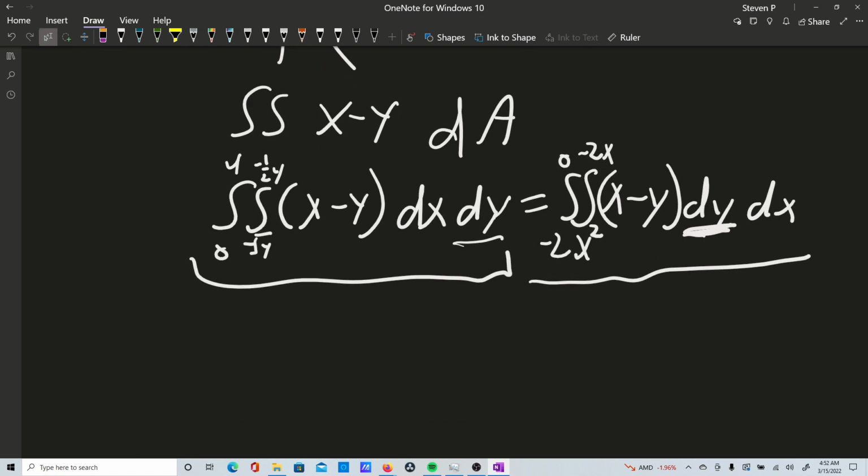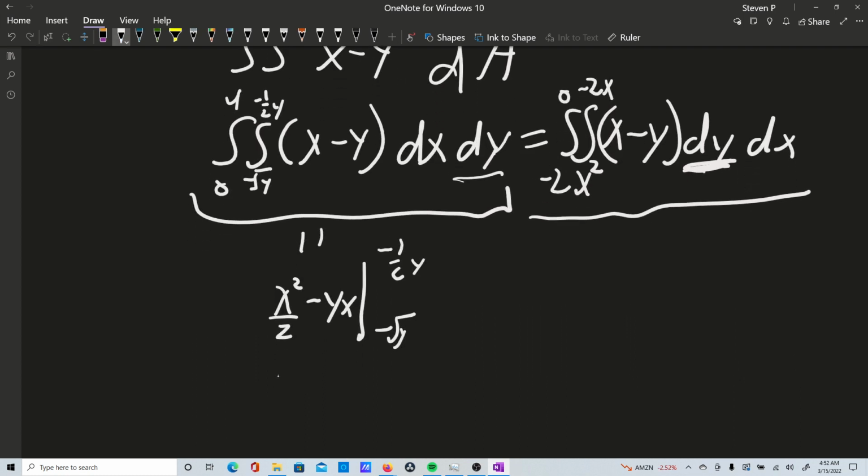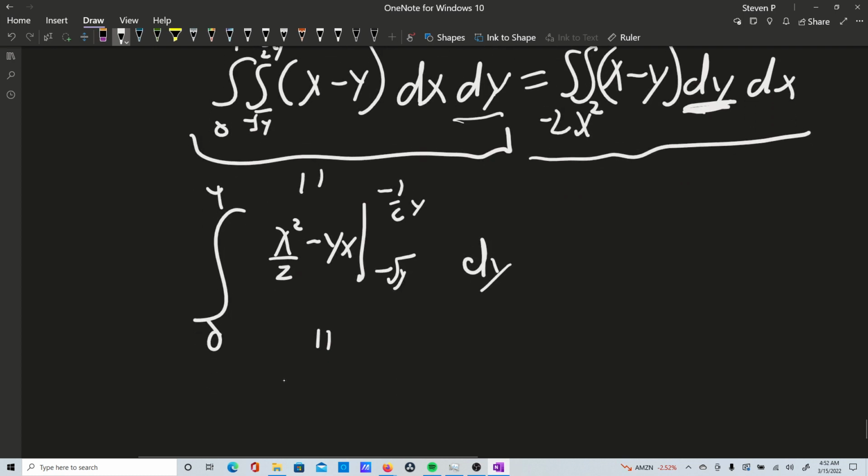Maybe I'll do it out quickly. So this becomes x squared over 2 minus yx, from negative root y to minus 1/2 y. And if you plug that in, I think what you get is, okay, and then integral dy from 0 to 4. And then that's equal to 1/8 y squared plus 1/2 y squared, plus y over 2.